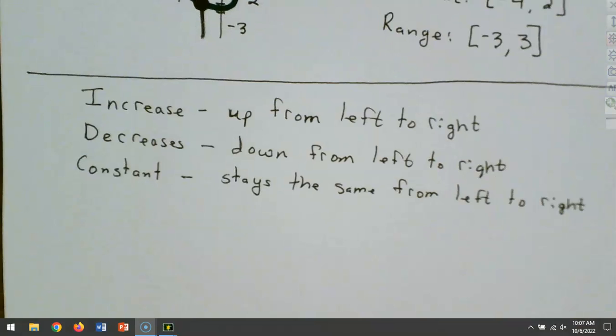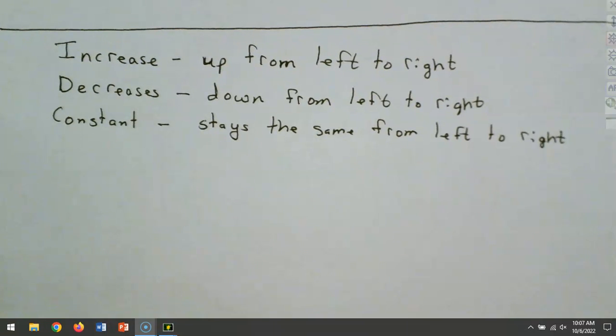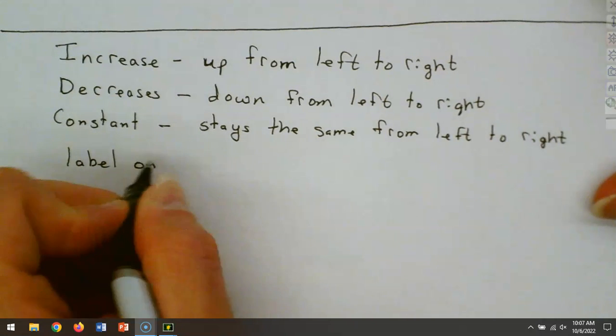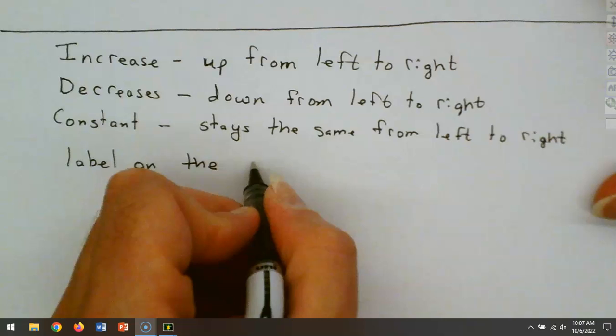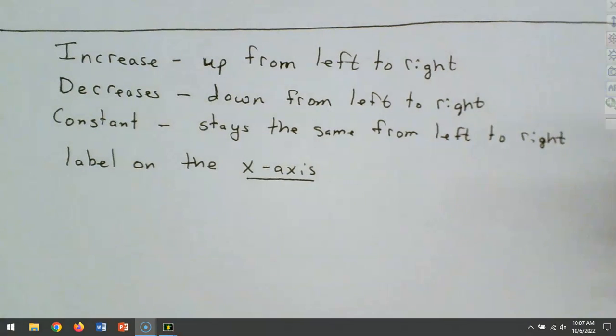So we're going to be talking about the increasing, decreasing, and constant parts of a function. Now here's where students sometimes make a mistake. When we label these, they have to be labeled on the x-axis, not the y. The x-axis. Okay, so increase means you go up, decrease means you go down from left to right, constant means you stay the same.